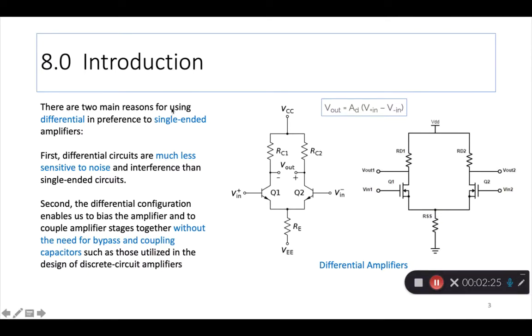There are two main reasons for using differential in preference to single-ended amplifiers. If you only had one device, we call that a single-ended amplifier, but if you have two like this, it's called a differential amplifier.